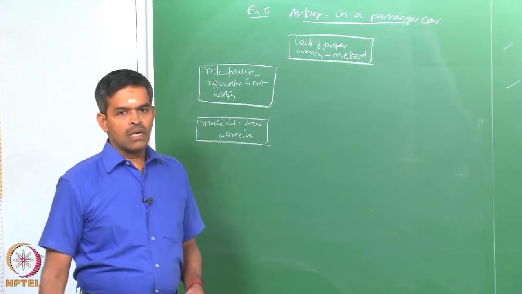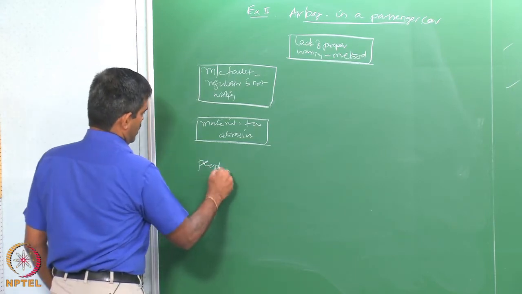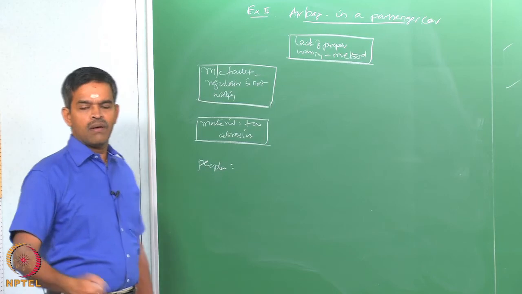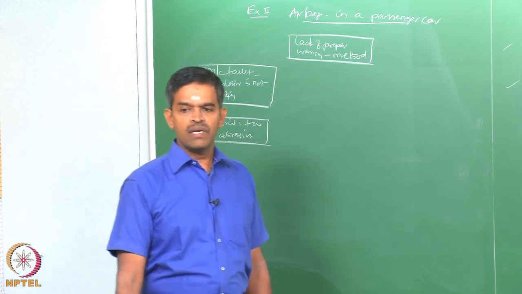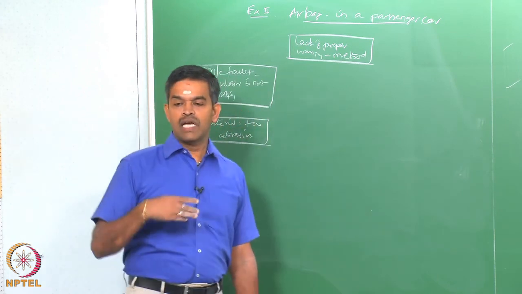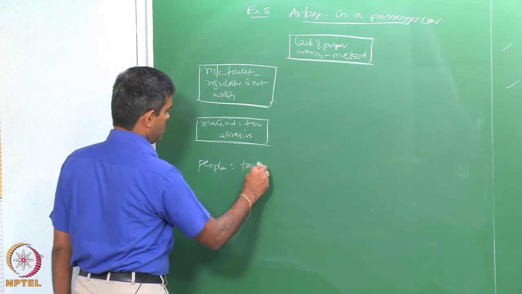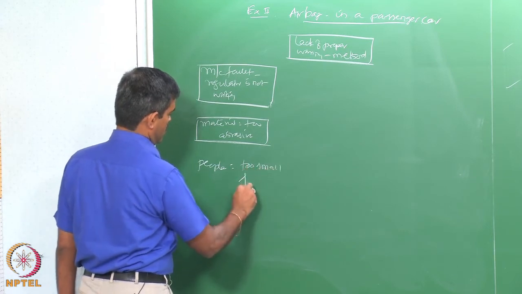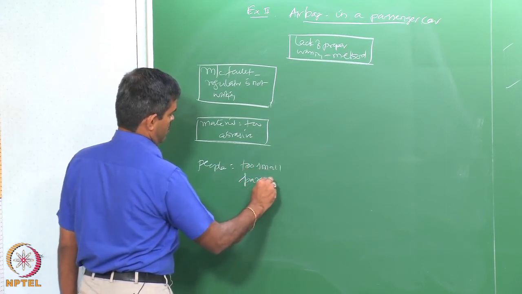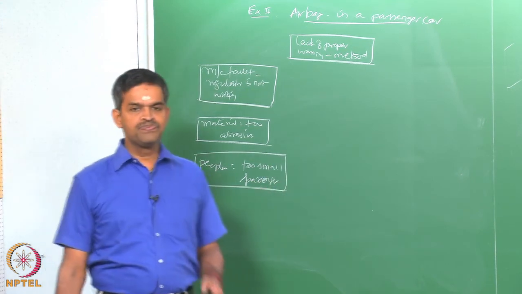The fourth comes from the people. If you have a small passenger, an infant or a child, or a passenger not of the height of the dashboard, the passenger is too small, so it will not be effective for small passengers.